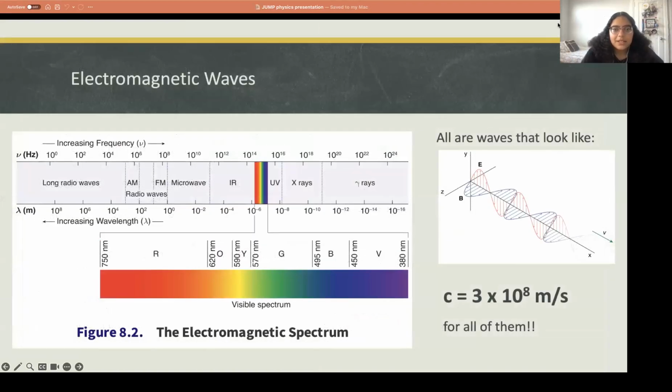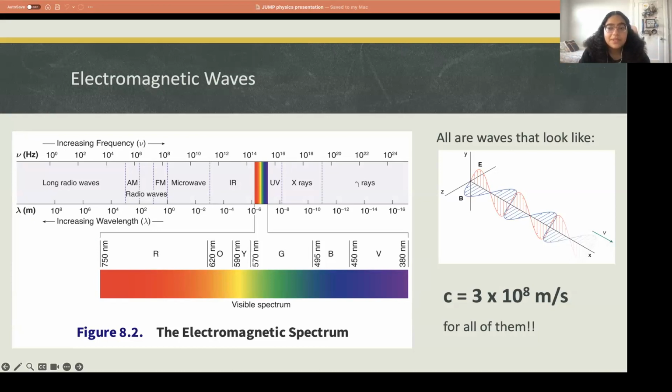So light is an electromagnetic wave, and we can see the entire electromagnetic spectrum on the left there. It ranges from long radio waves all the way to gamma rays. Visible light is actually a small amount in the middle of the spectrum, but there are a lot of other forms as well.